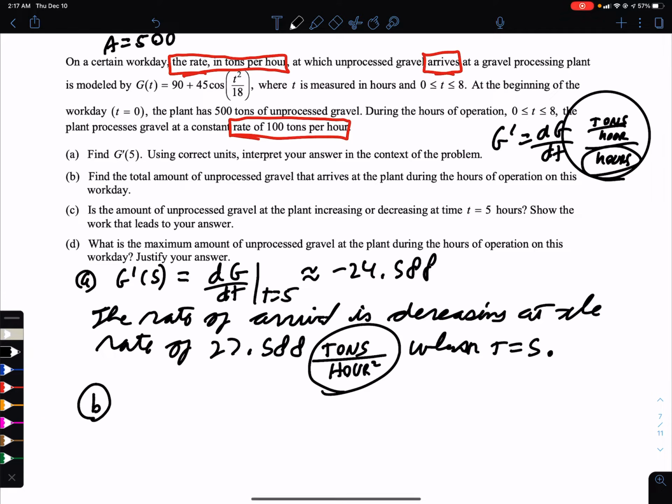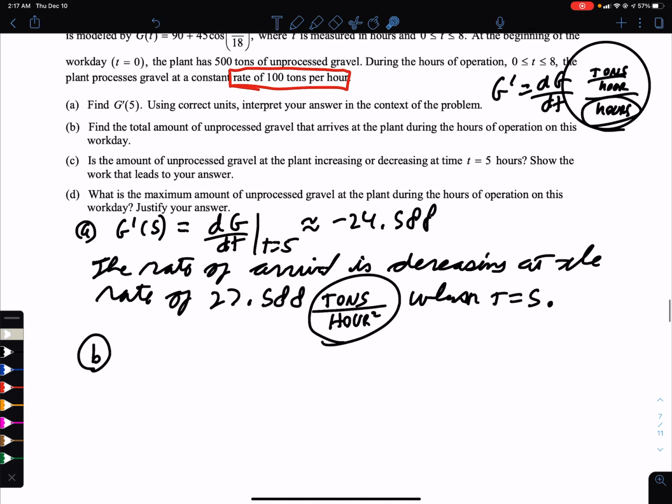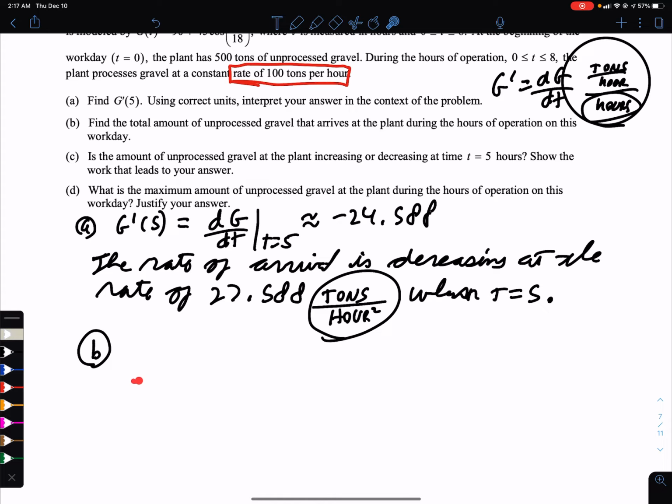Find the total amount of unprocessed gravel that arrives at the plant during hours of operation. I'm going to integrate g of t dt from 0 to 8. And how is that going to be the amount of gravel?